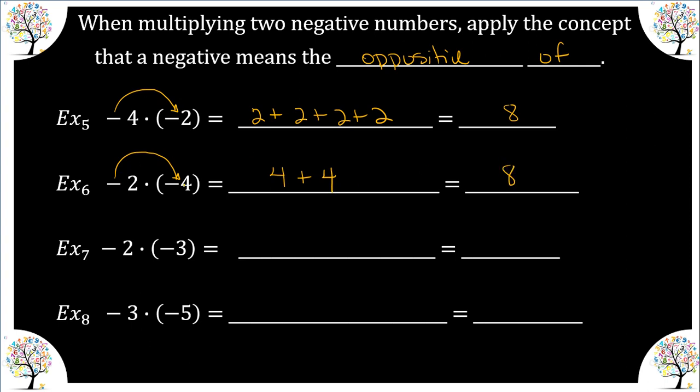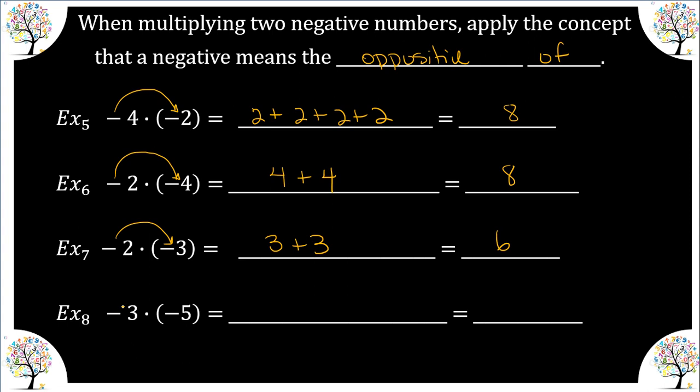Negative 2 times negative 4 is positive 8. A negative 2 times a negative 3 can be viewed as 2 groups of positive 3 now. Negative 2 times negative 3 is positive 6. This negative cancels this negative and becomes a positive.